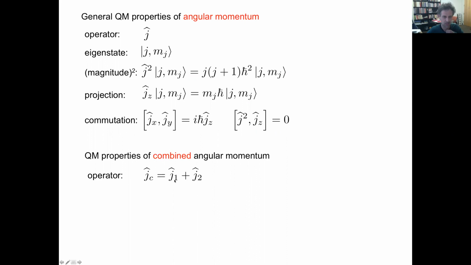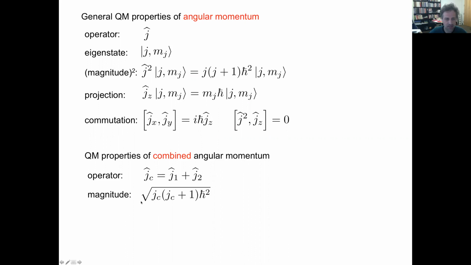So let's say J1 is L and J2 is S. Orbital angular momentum and spin angular momentum. Now, if you make a combination of the two, then it turns out that this new operator behaves also like an operator for angular momentum. That may sound trivial, but it's important to mention that, okay? The new operator, the combination of the two, is also an operator that fulfills all these rules, okay?